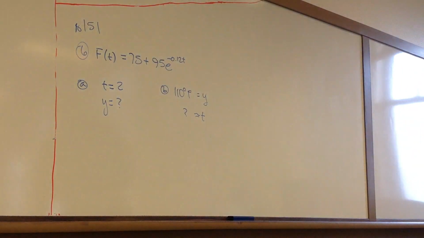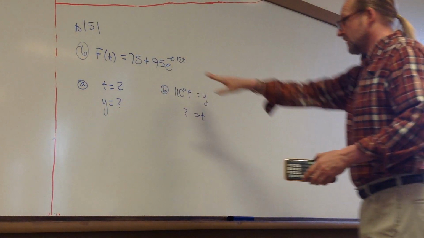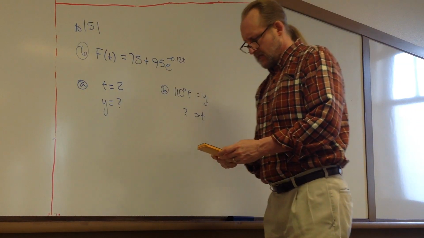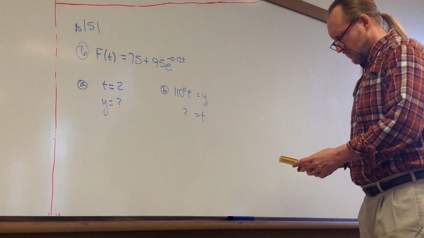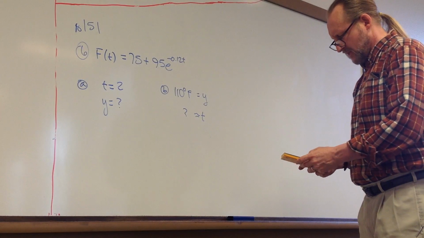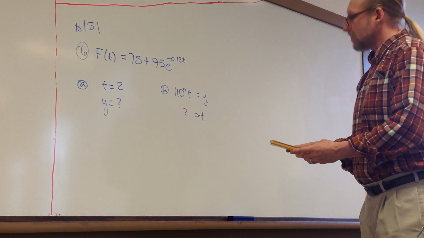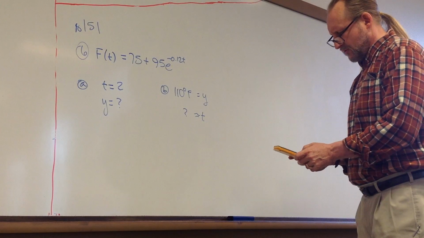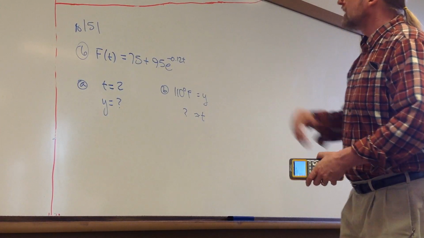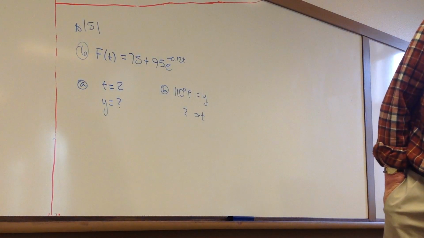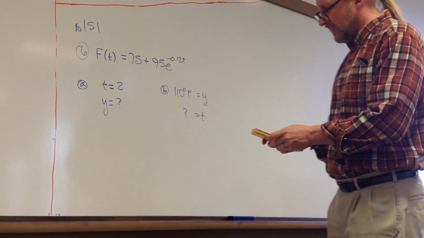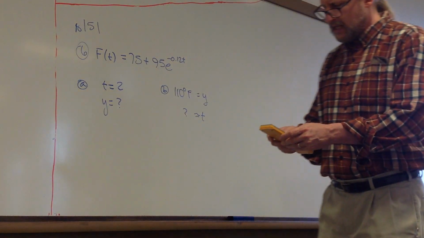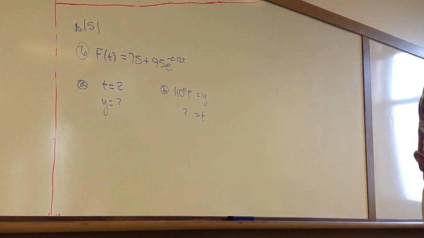Okay, so again, we're going to enter this equation right here as our y value. Let's see here. So 75 plus 95 e to the minus 0.12x. And the problem tells us that the soup starts out at 170 degrees. And if you look in the table, you'll see that at t equals 0, y is 170.